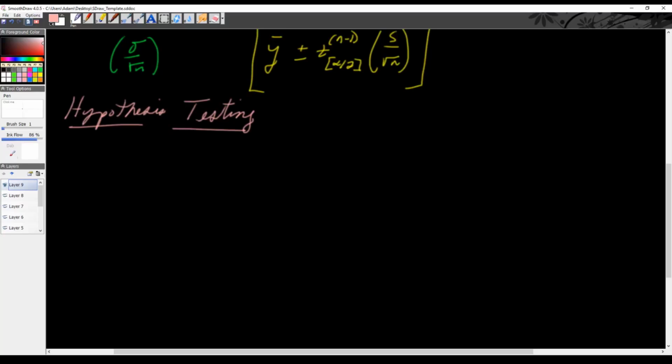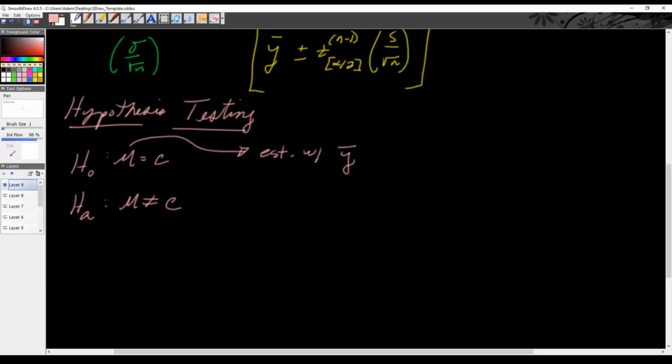So sometimes we wish to test the null hypothesis, that mu is equal to some value against the alternative hypothesis that the true value does not equal some value. So mu is the population mean, and we estimate it with y bar.